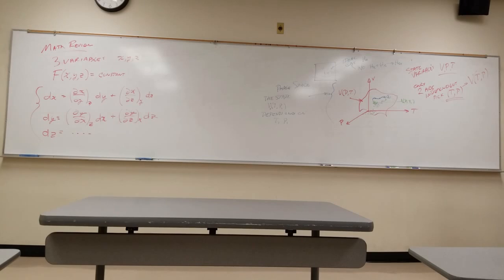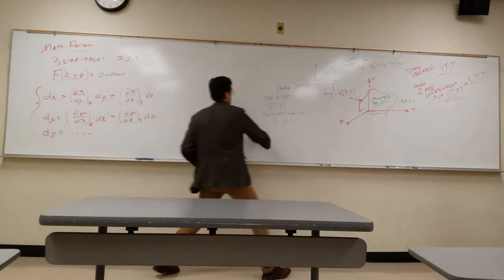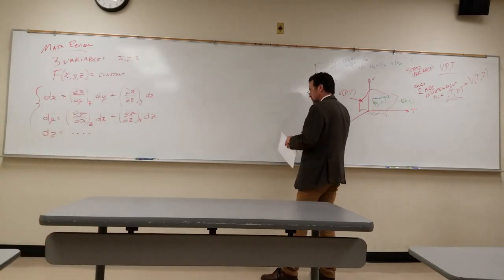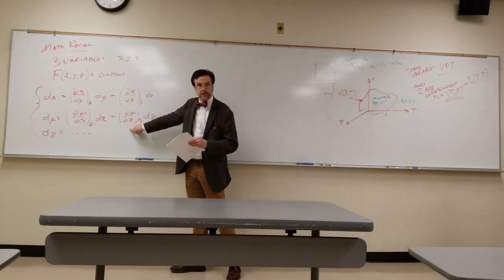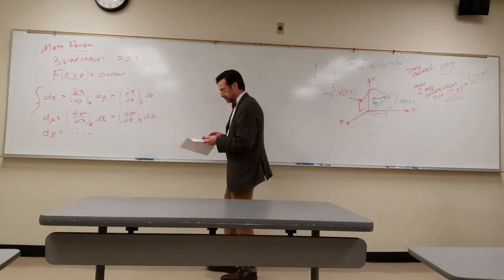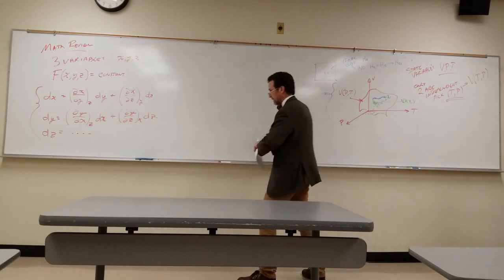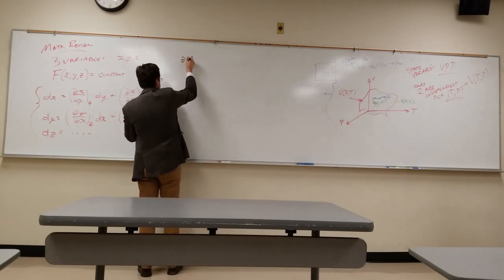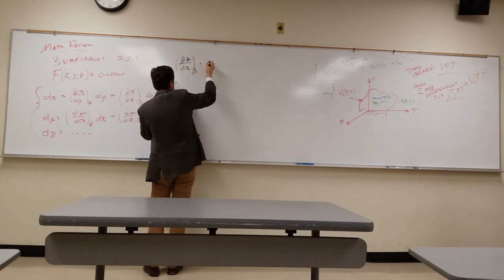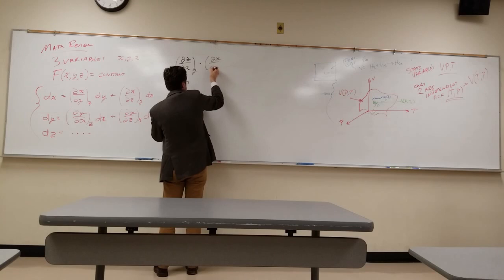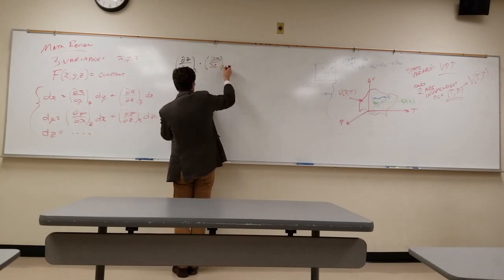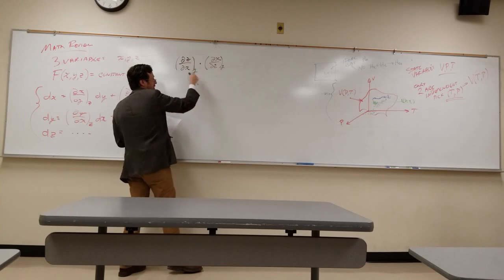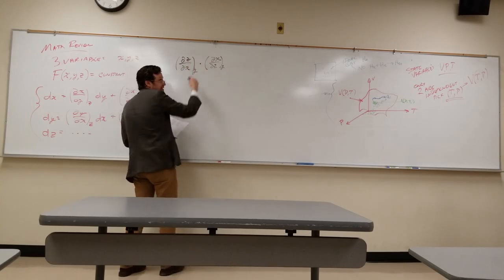Now, we also have these rules that let us mix and match these partial differentials. So for example, we have the partial of z with respect to x at constant y, multiplied by the partial of x with respect to z at constant y, and those, in terms of bad physics math, cancel each other out.